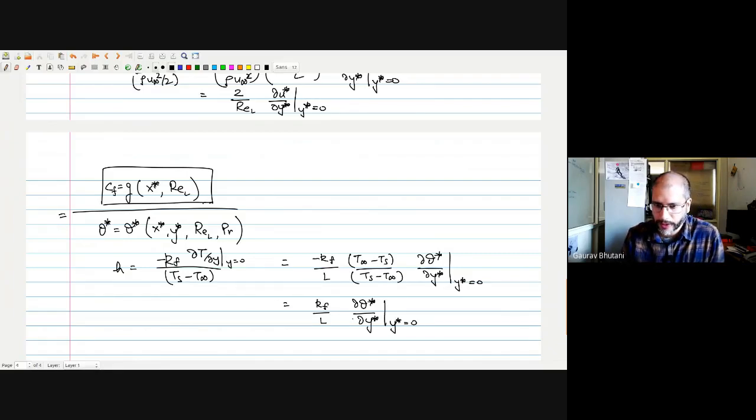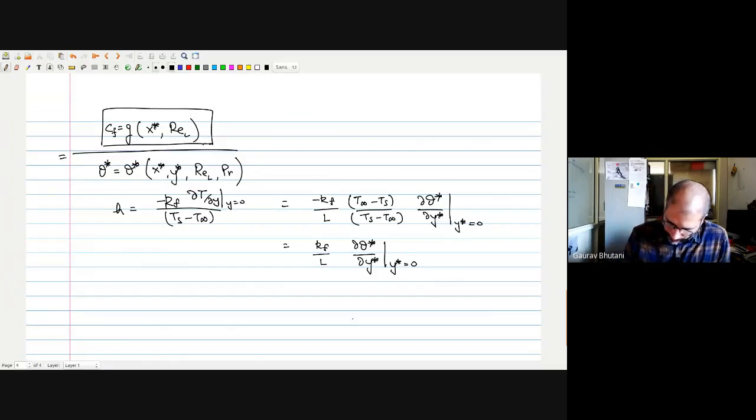Okay, so you can see that this del theta star by del y star has no dimension because it's written in terms of the non-dimensionalized parameters. Okay, and this is our h. So what we do is we define a new parameter, which is the product of h and L divided by kf, which is non-dimensional.